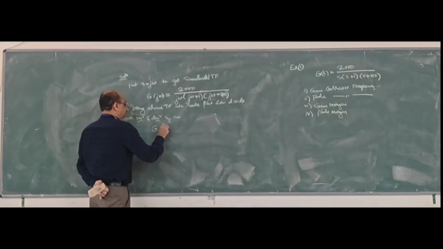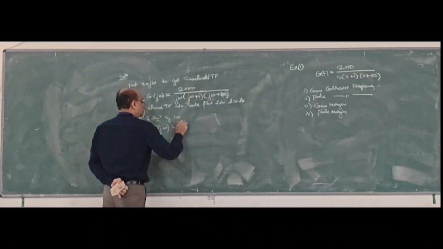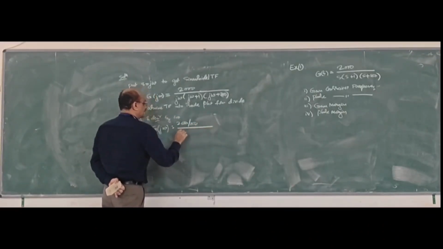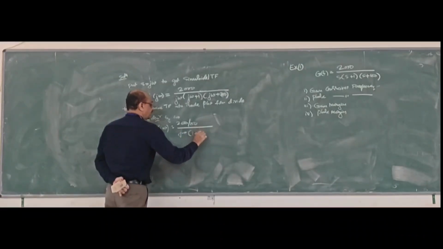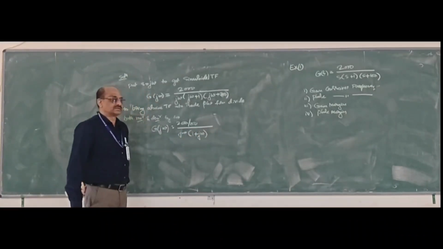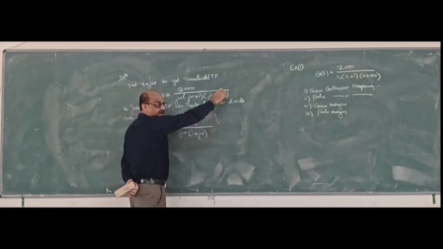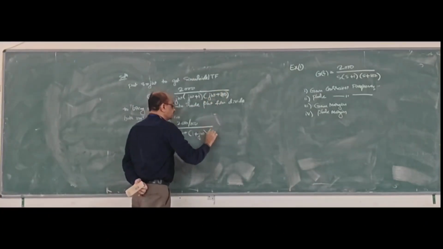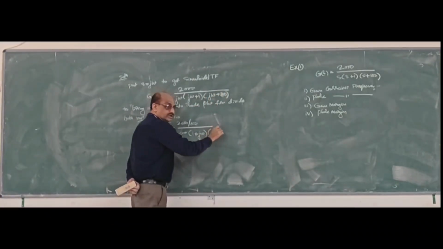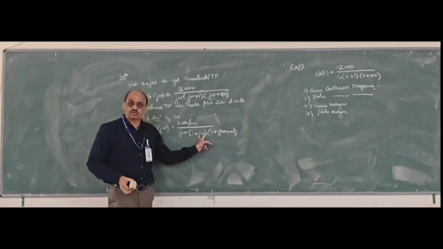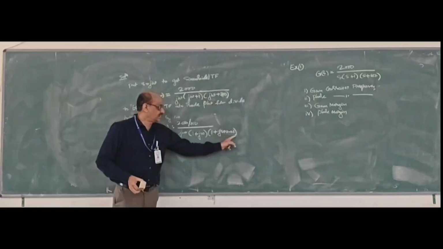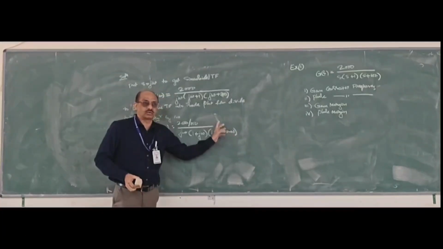So now, it is 2000 divided by 100, so here I have j omega, then 1 plus j omega. Dividing the third factor by 100, it becomes 1 plus j omega T, where T is 0.01.